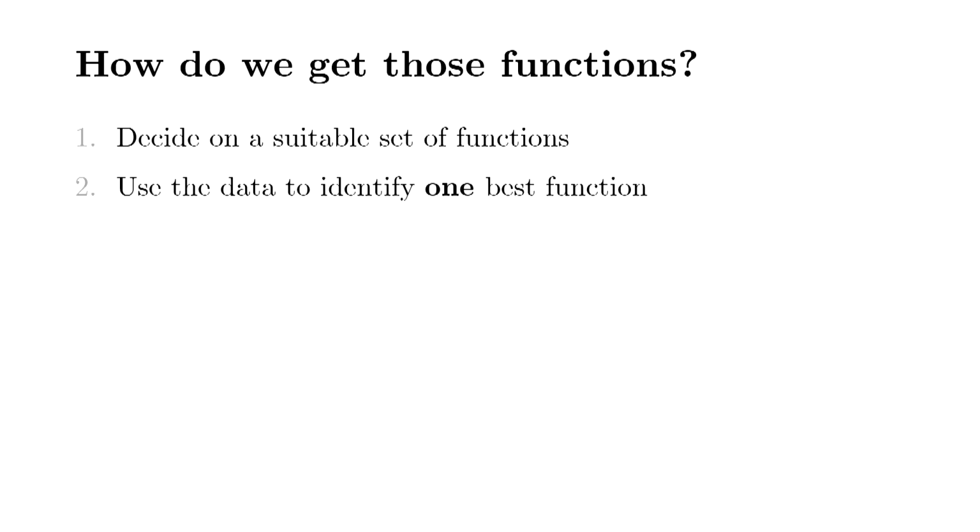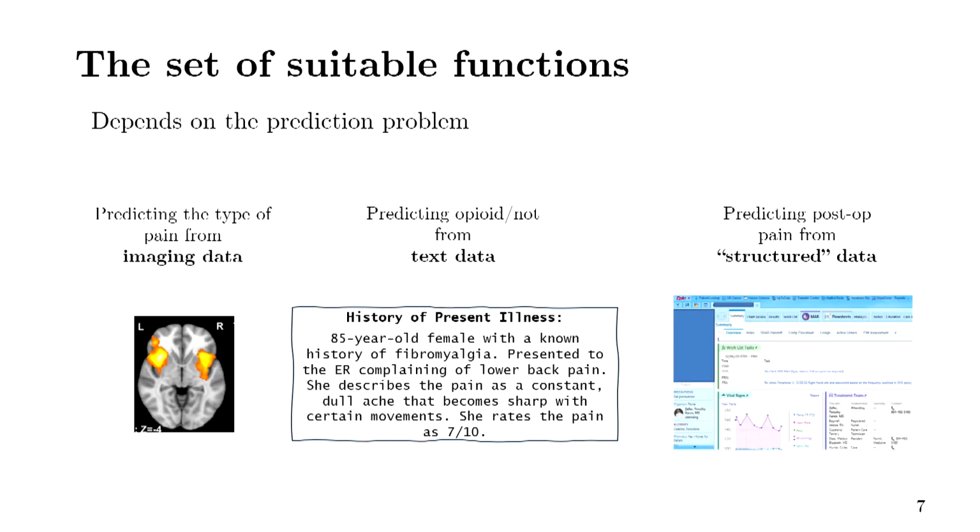We will see what that means in a second. So we want to define a set of suitable functions. The set of suitable functions will depend on the type of the problem. The set of functions is very different if I'm modeling image data versus text data versus these structured data sets.